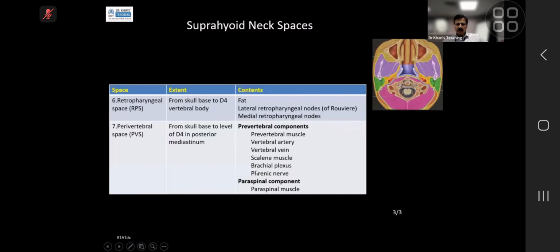But having said that, today we are going to learn how to differentiate whether a mass is in the retropharyngeal space, which is here, versus the prevertebral component of the perivertebral space. So that's why I went into a bit of detail here.